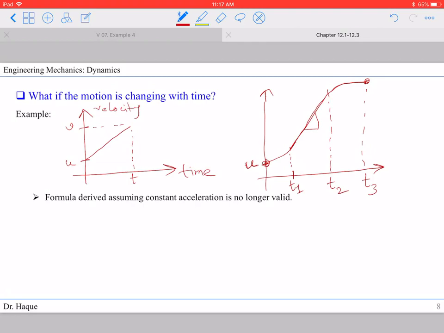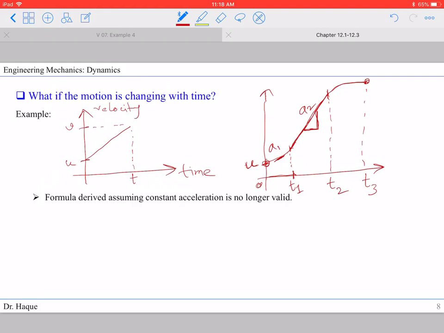So you see from here to here, this time my acceleration was changing for every point. But from time t1 to t2, I had a constant acceleration, but that is different from the one I have here. For example, acceleration A1, acceleration A2, those are not the same.